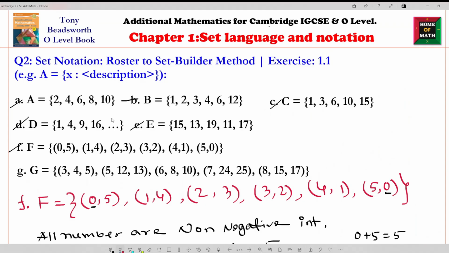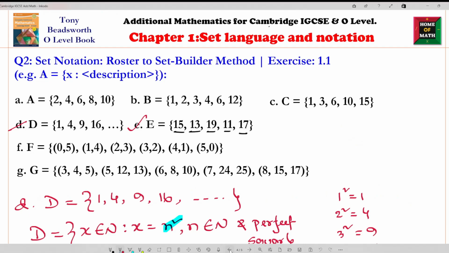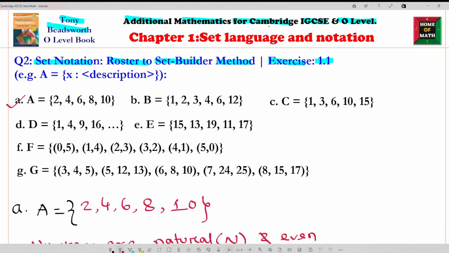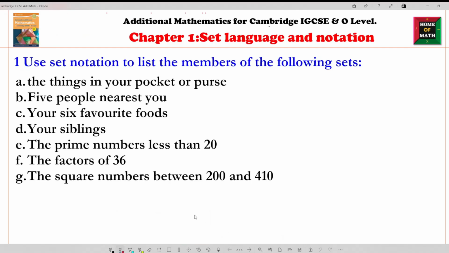Thank you very much for being with me. We are trying to solve 1, 2, 3, 4, 5, 6, 7 math based on roster to set builder method. And in the last video we solved question 1, which also has very important things, set notation, list members of the following sets.